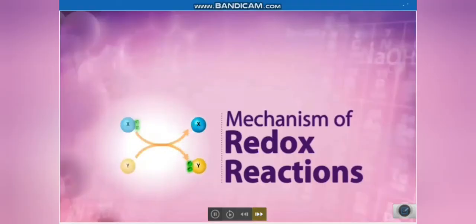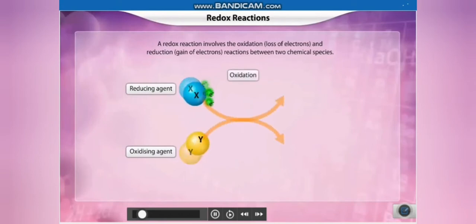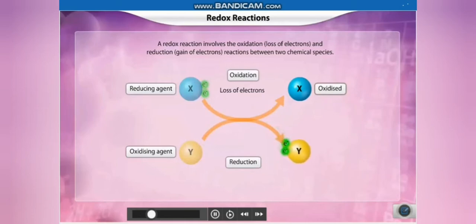Mechanism of redox reactions. A redox reaction involves oxidation, that is the loss of electrons from a chemical species getting oxidized, and a reduction reaction where there is a gaining of electrons by a chemical species to get reduced.